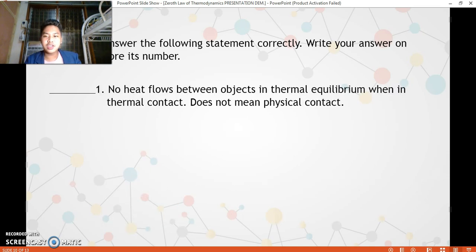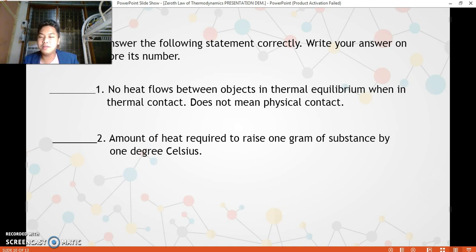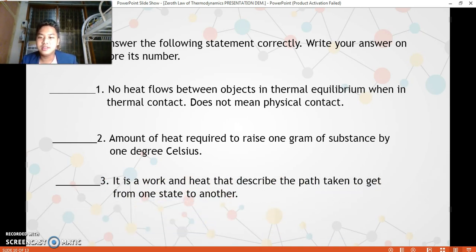Let us check your answers. Number 1. No heat flows between objects in thermal equilibrium when in thermal contact, and does not mean a physical contact. What is your answer? Yes, correct. Zeroth law of thermodynamics. Number 2. An amount of heat required to raise 1 gram of substance by 1 degree Celsius. Your answer is specific heat. Yes, correct. Number 3. It is work and heat that describe the path taken to get from one state to another.